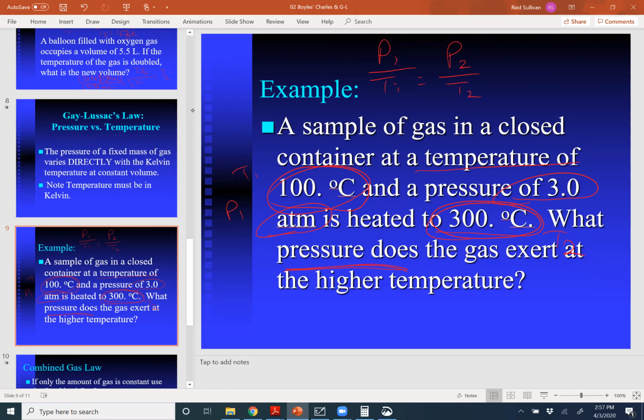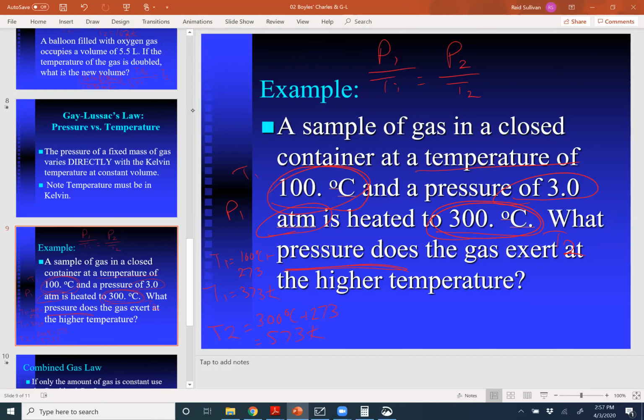So remember that the first thing we have to do is change these temperatures into Kelvin. So this is going to be 100 degrees C plus 273. So temperature 1 is equal to 373 Kelvin. And temperature 2 is 300 degrees C, and we have to add the 273 to that to give us 573 Kelvin.